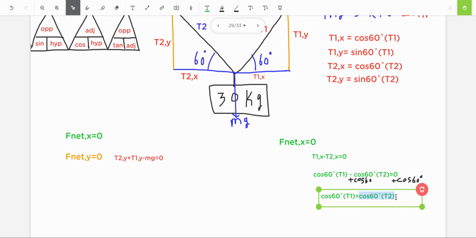So like that, we will have cosine of 60 degrees divided here and here.